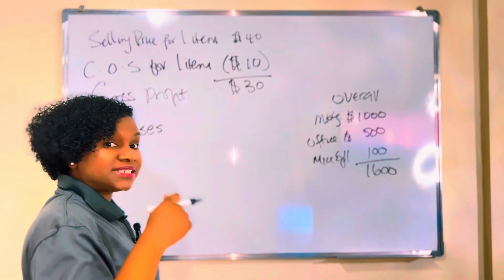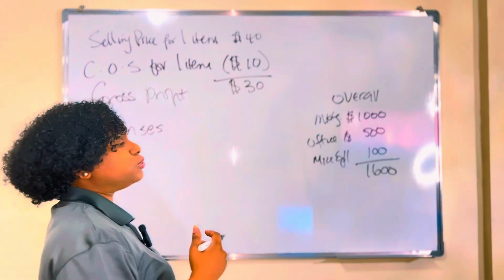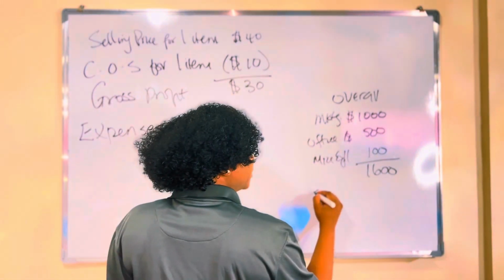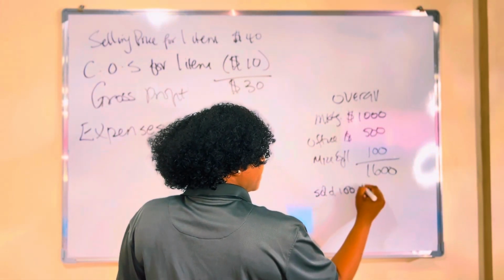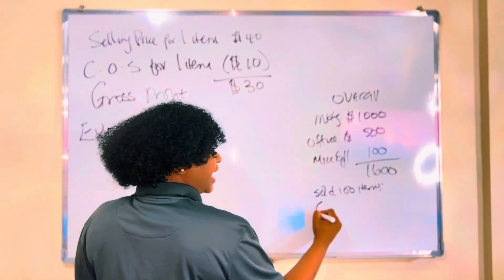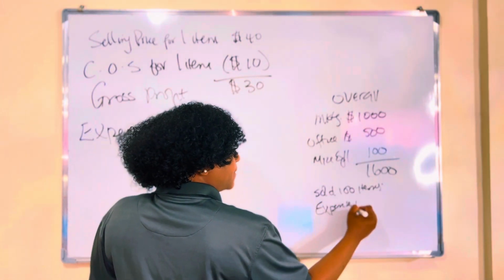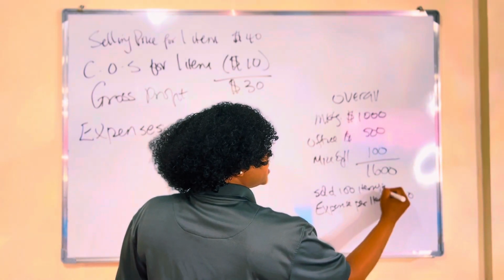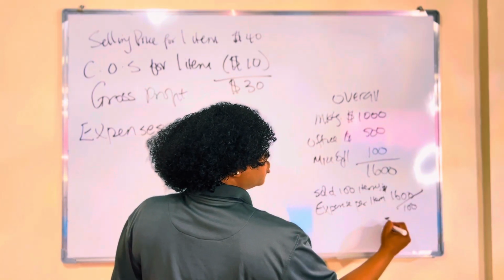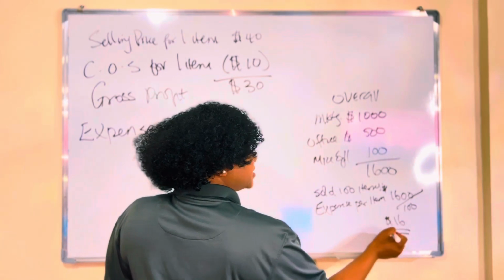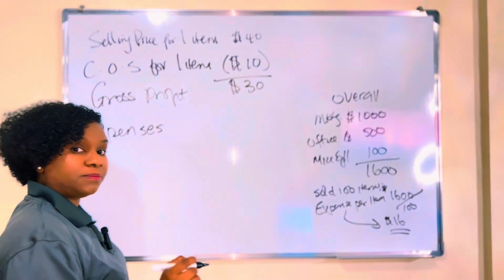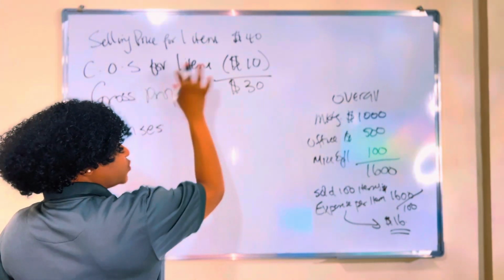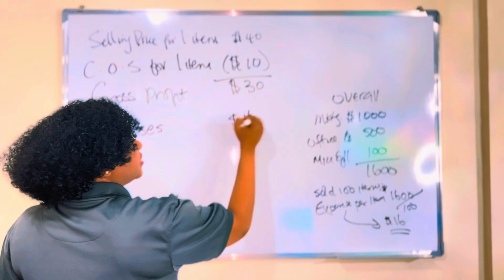So let's say in this particular month, you sold 100 items, right? So therefore, the expense per item is $1,600 divided by 100. So therefore, we get your expense per item to be $16.